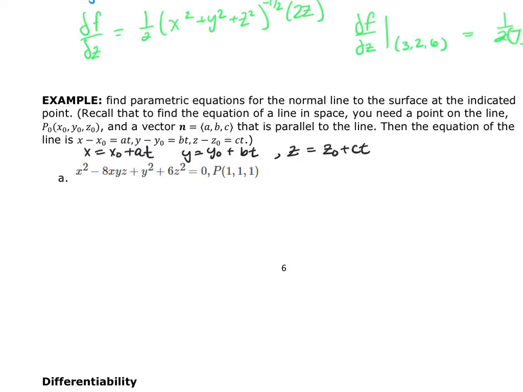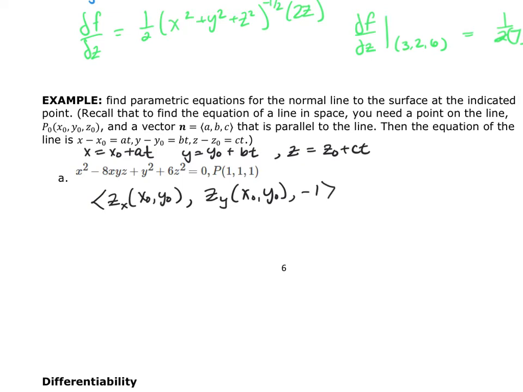So we're going to use that to find a parametric equation for the normal line to the surface at the indicated point. We know that the vector obtained from the normal will be the vector of the partial derivative of z with respect to x, evaluated at x naught, y naught, and then the partial of z with respect to y at x naught, y naught, and negative 1.